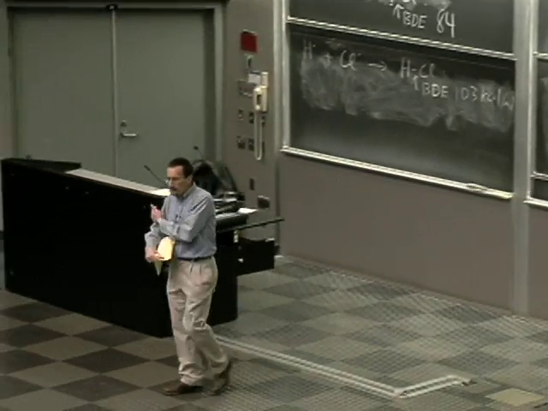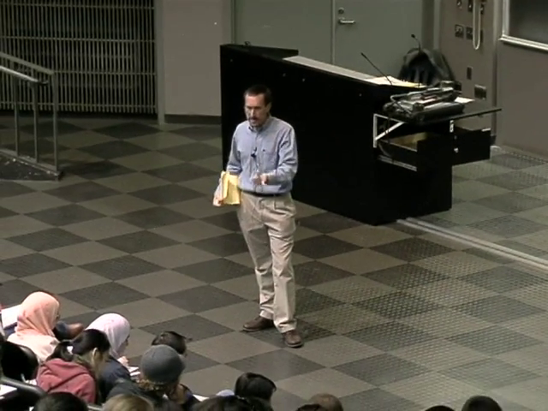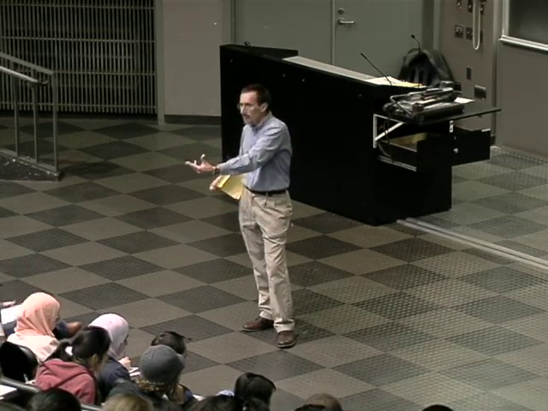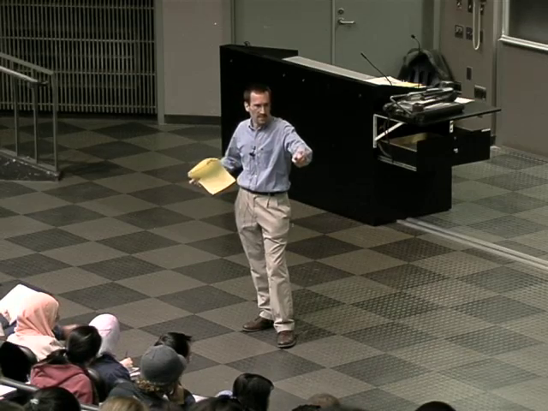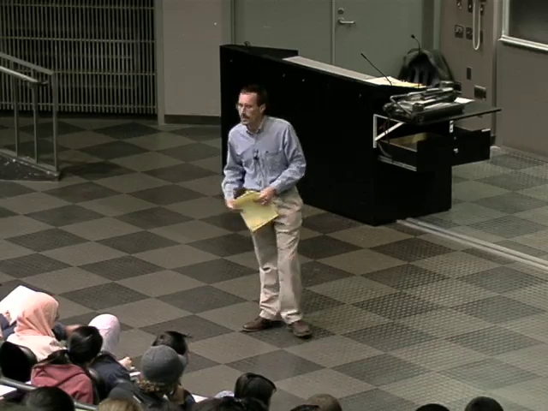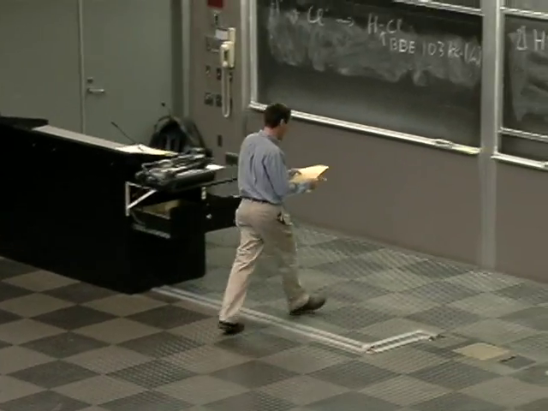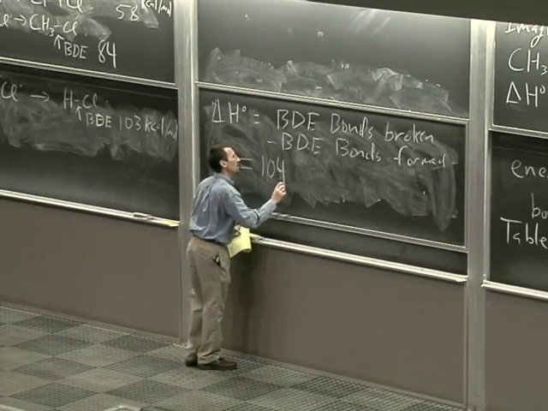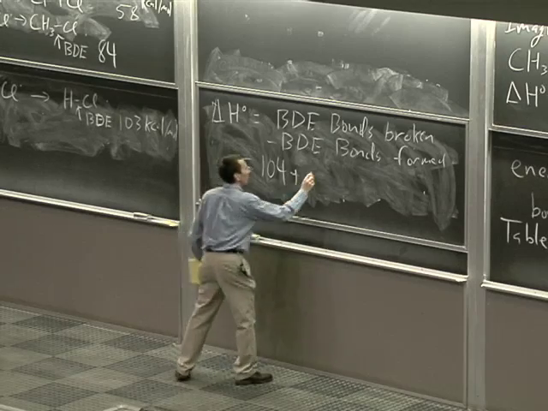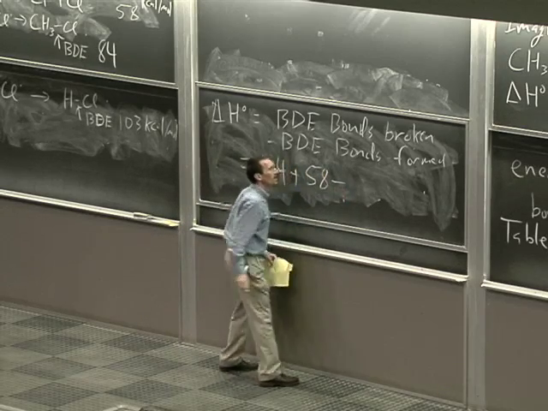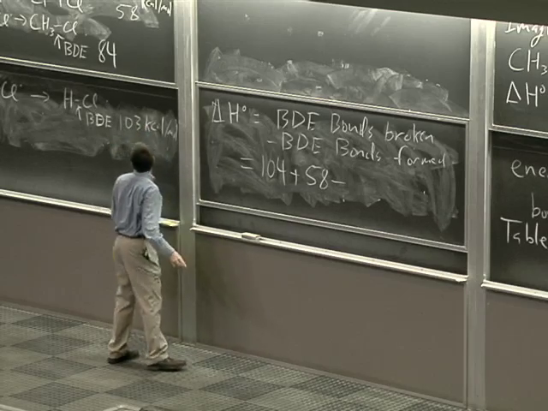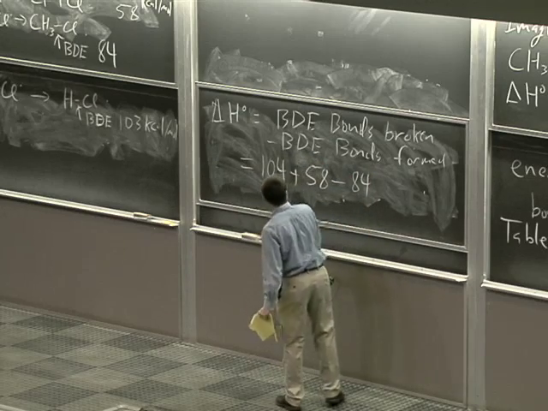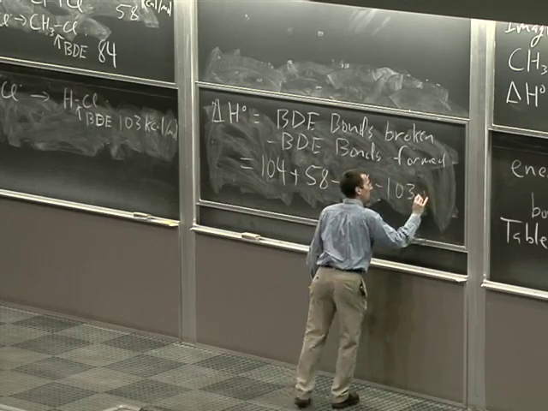If you form a bond, it makes heat. Negative is good. Negative enthalpy means heat is given off. If you break a bond, you have a positive value. You have to put energy in to break a bond. So let's tally things up for this particular case. We pay a price of 104. We pay a price of 58. And then conversely, we reap a reward of 84, and we reap a reward of 103, all in kilocalories per mole.